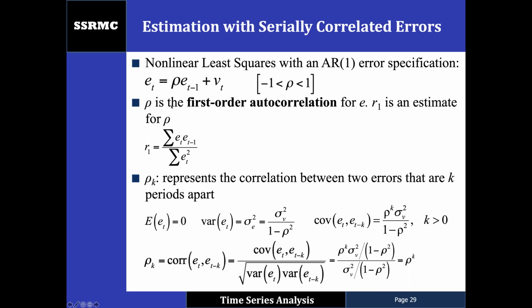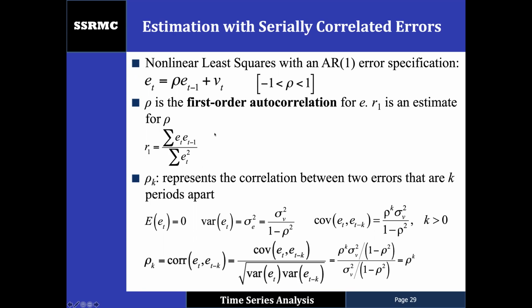So rho is essentially the first order autocorrelation coefficient for the residual term. It can be estimated using this formula, and we are familiar with this because it is just the standard equation to calculate the correlation between two variables. In this case, the two variables are e_t and its own one period lagged term, e_t minus 1.